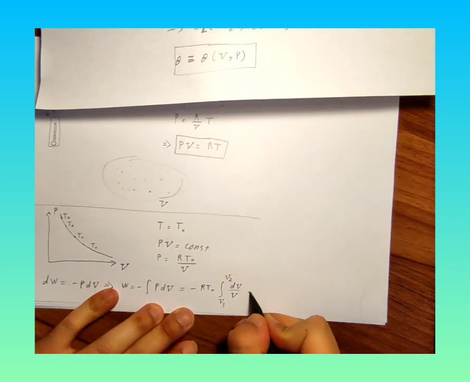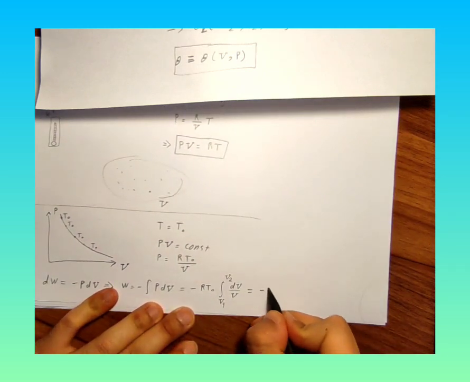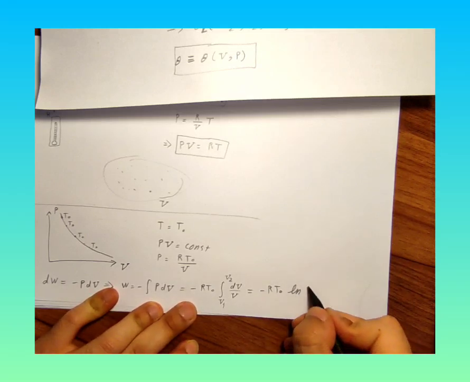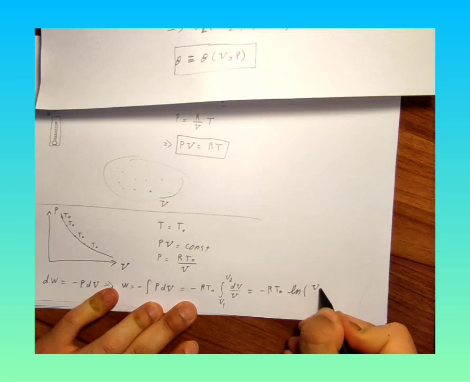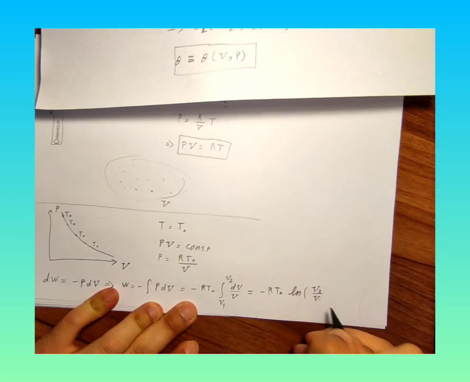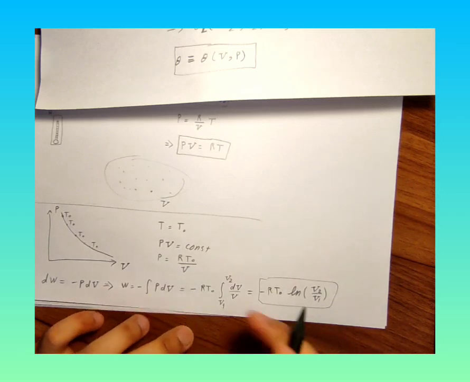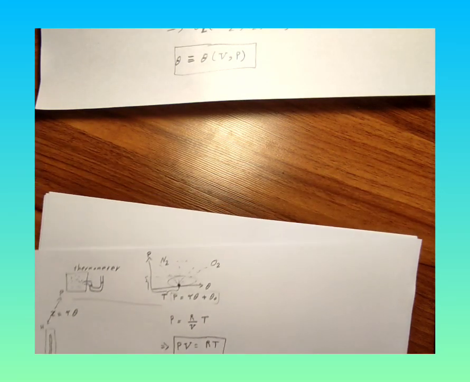Now this will become minus R T0 logarithm of V2 divided by V1. This is work in an isothermal process.